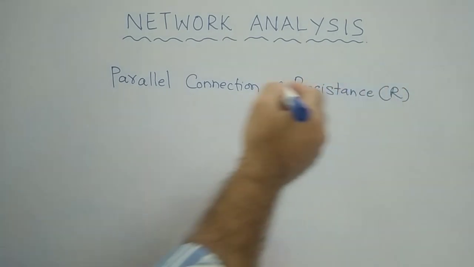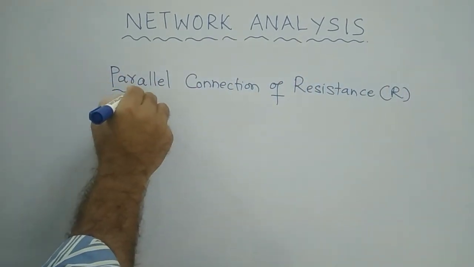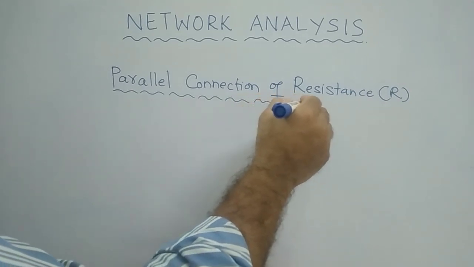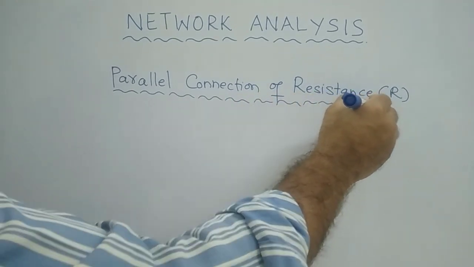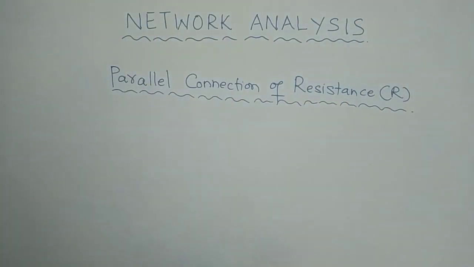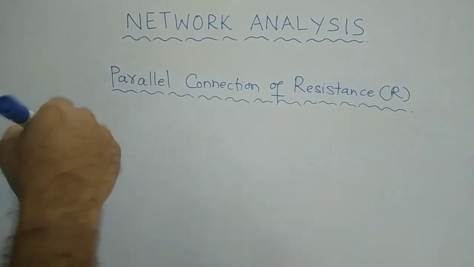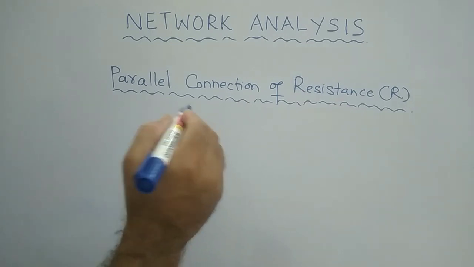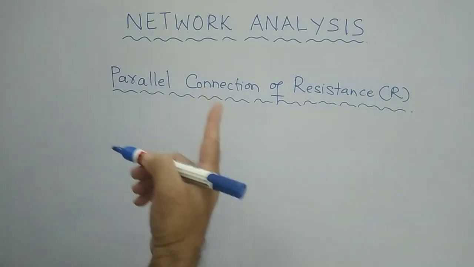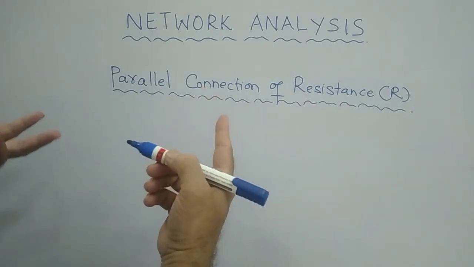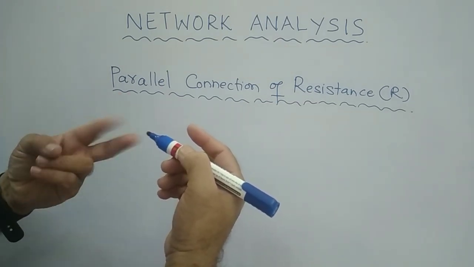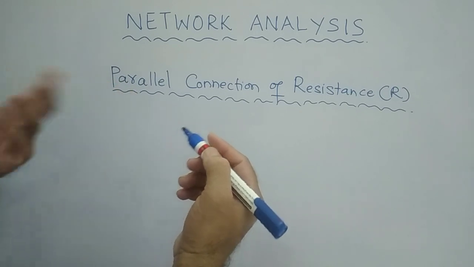Say for example you take either two or three resistances. Whenever we discuss a combination or connection, the required number of resistances must be more than one, because with one resistance we cannot have any connection. That is why we need more than one, maybe two, three, four, or whatever it is.